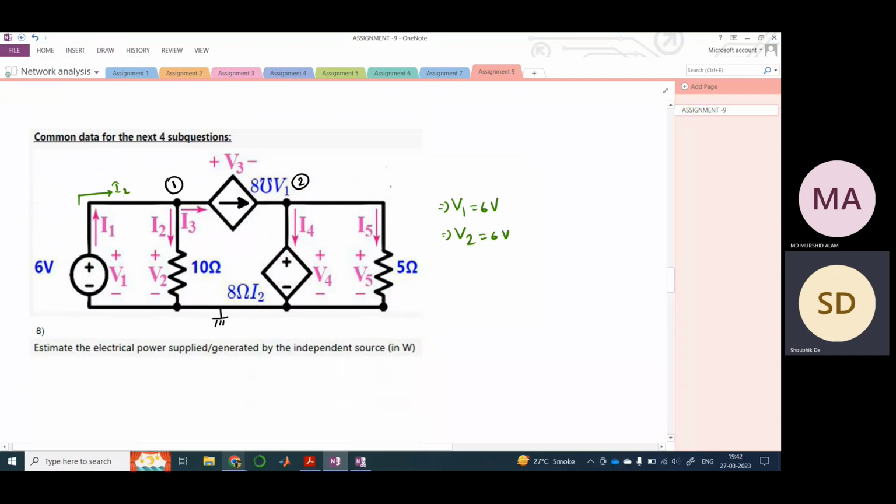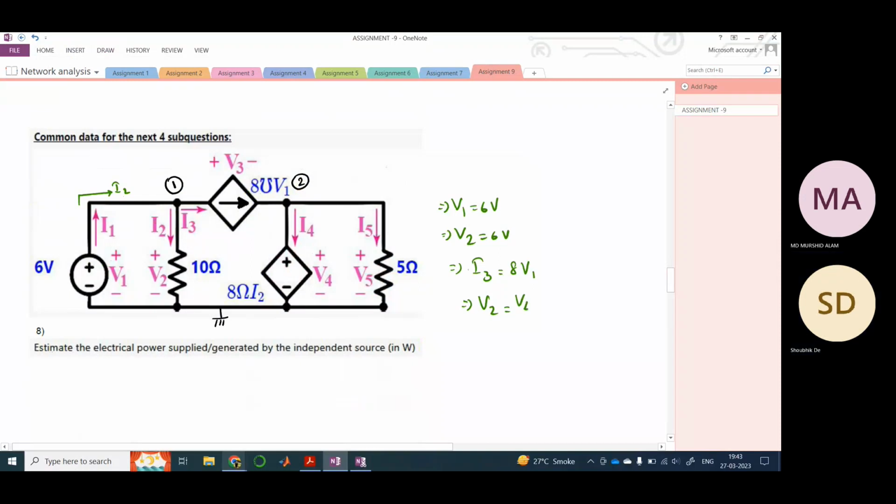And before starting the problem, it's very important that you identify these things, okay? Now, what would be I3? I3 is the current flowing between nodes 1 and 2, which is nothing but 8V1. And what would be V2?